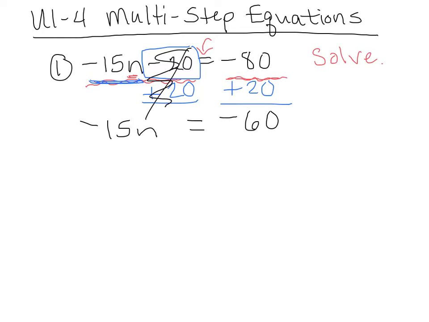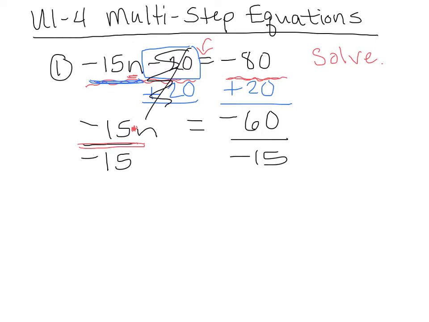And of course, this is the step where a lot of times we'll put the divide step like this. If we're trying to undo the multiplication, like negative 15 times some number, n, and we're trying to find that number, we can do that opposite in this case, which is division. Remember, that's what this fraction bar means, is division.